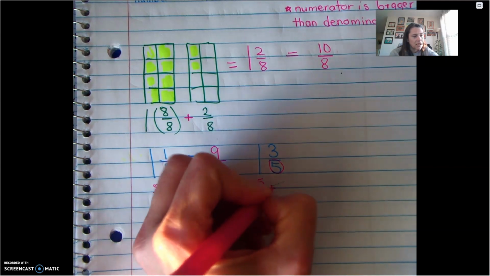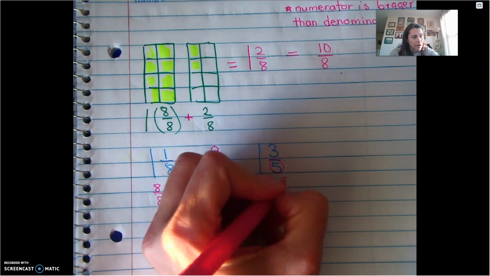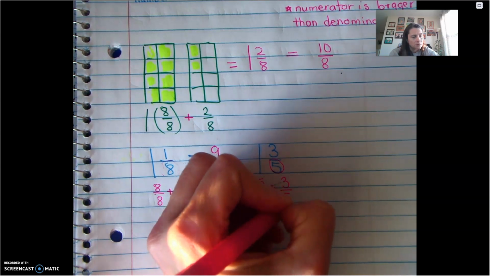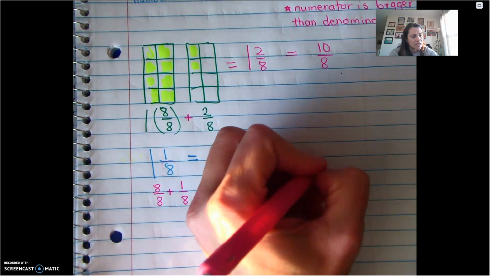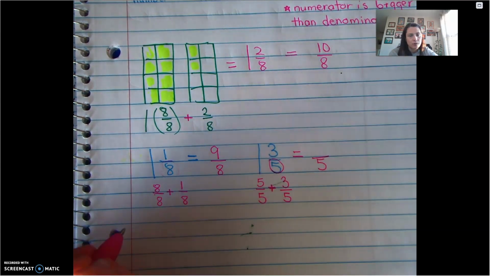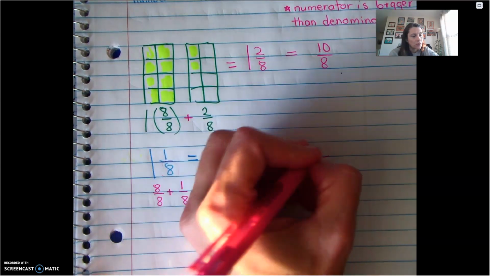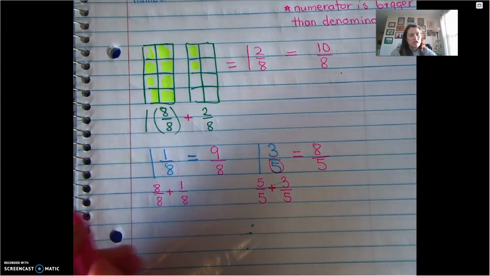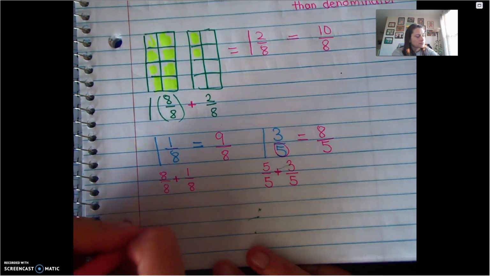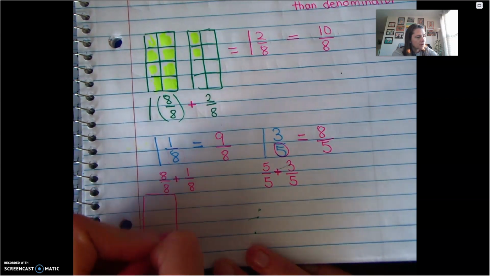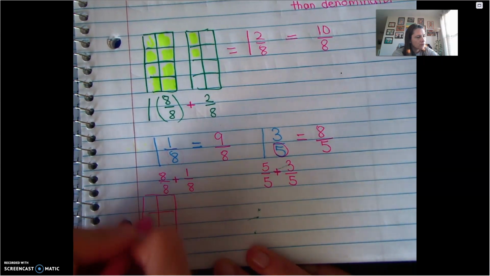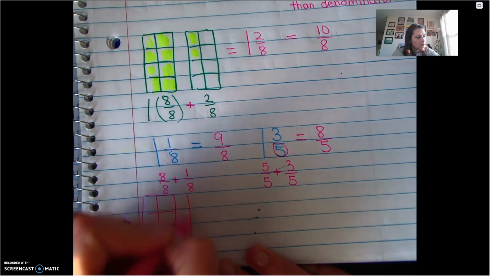Then I put my plus sign, and then I add them. The 5 stayed the same because we're not changing the number of parts. And then in total we have 8. Let's check it with a picture. So if we have 8 fifths right here, we have 1, and then we have 3/5.